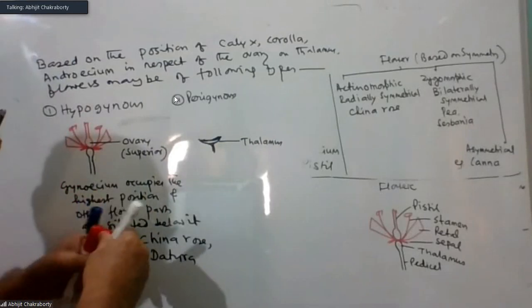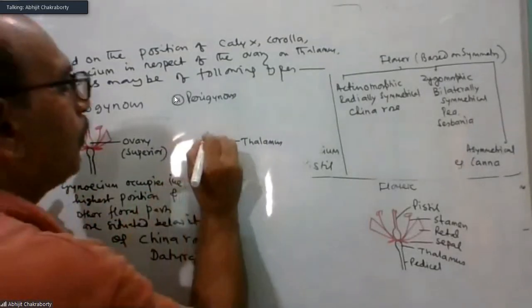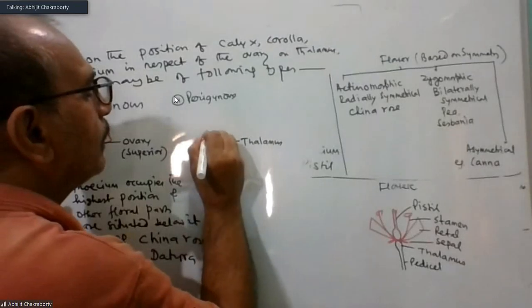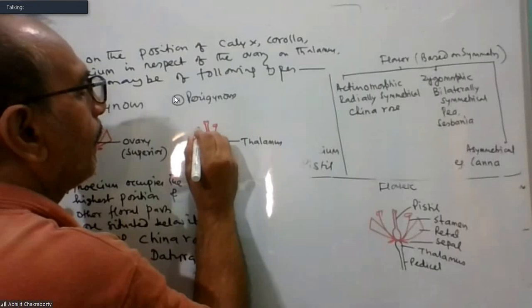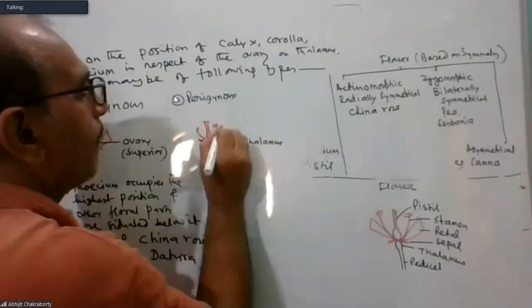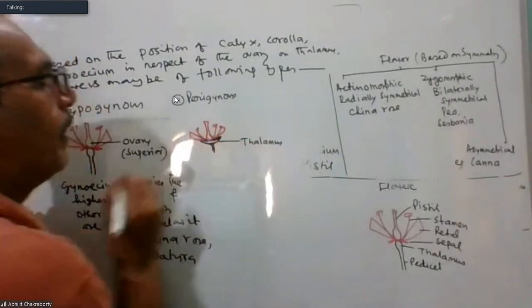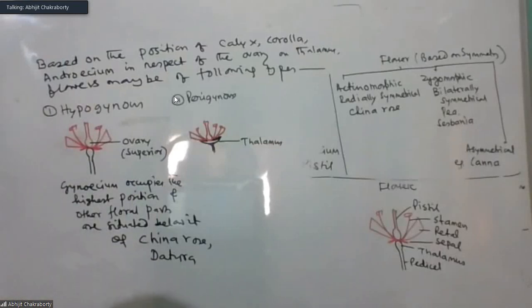And here the gynoecium occupies the center. In the center, you will get the gynoecium, and other floral parts are developed on the rim of the thalamus.